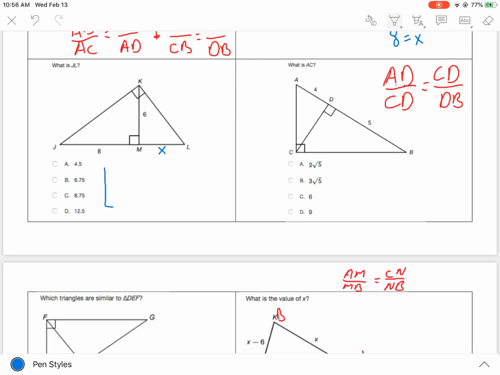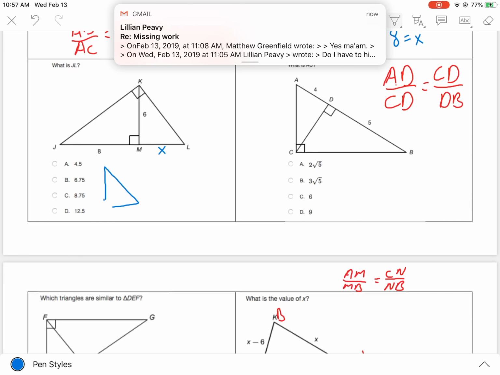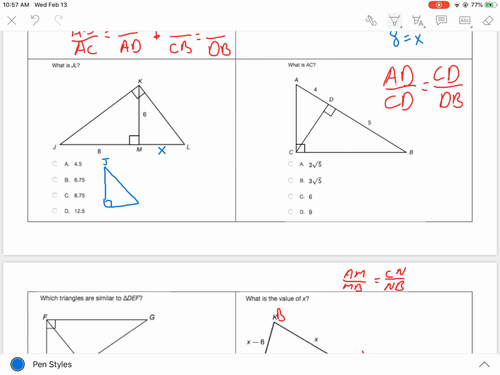I'm looking at this is J, this is M, this is K, and then we have the other triangle standing up, where this would be K, this would be L, this would be M, this is 6, this is 8, this is x, and this is 6.